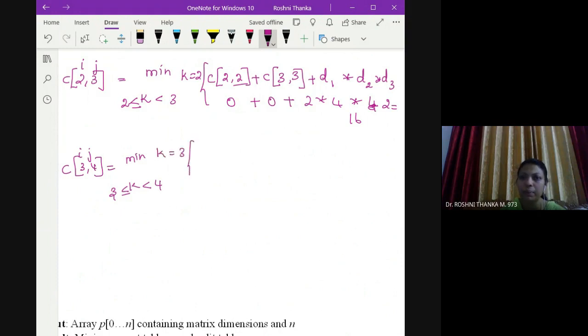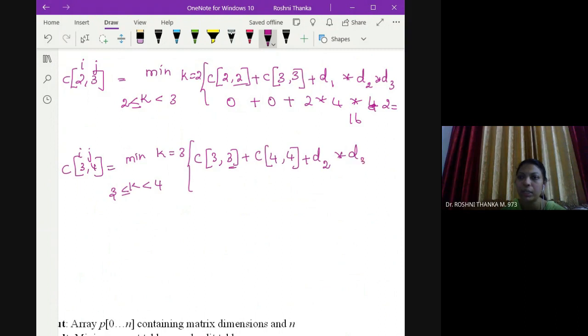And let us apply this to this equation. So what is first? C of i comma k. What is i here? i is 3. The k value is 3, plus the cost of k plus 1. What is k plus 1? The k value is 3, plus 1 means 4, comma j. The j value here is 4. Plus then d of i minus 1. What is i here? 3. 3 minus 1 means it is 2, into dk. What is dk here? k is 3.